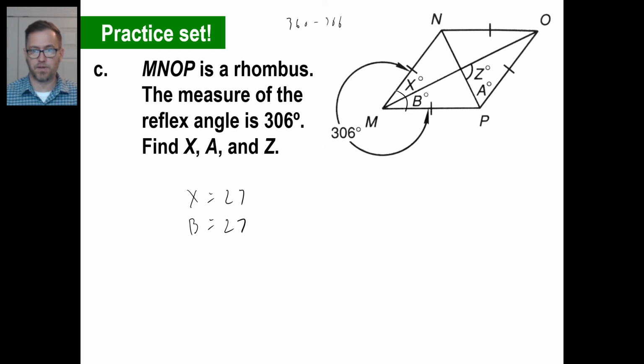Since this is 54 degrees, this angle here will be 180 degrees minus 54. That's going to be 126. If this is a rhombus, the diagonals bisect the angle measure, which means the angle A is going to be half of 126 or 63 degrees. Z is a perpendicular bisector by definition with a rhombus, so Z is going to be 90 degrees by definition. So that's it.